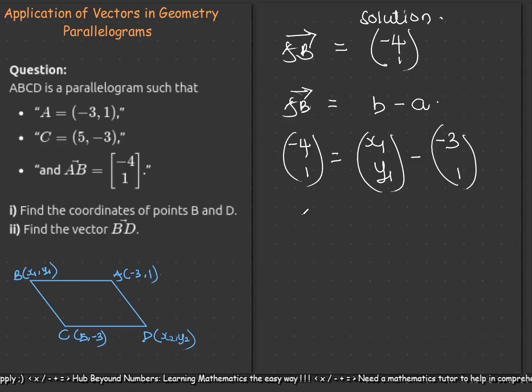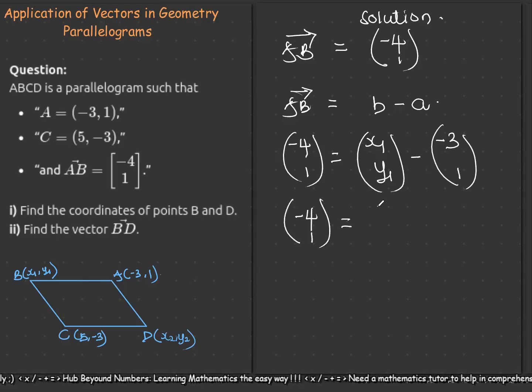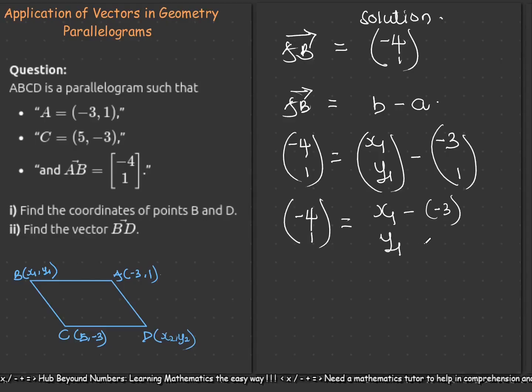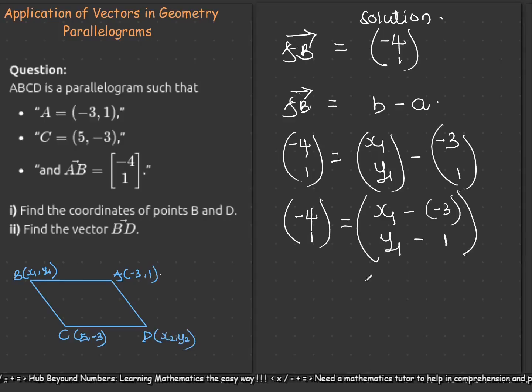Simplifying, we have -4, 1 equals x1, and there's a negative here and also a negative here, so we have negative into bracket -3. Then for the y component, you have y1 minus 1. At this moment, we want to take the x components and solve them separately, and the y component is also done separately.